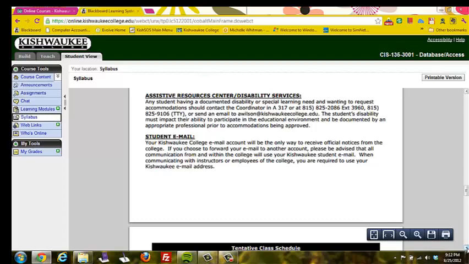You need to also contact me if you have such an accommodation that you need to have worked through. Again, you want to use your student email account to contact me. I will not answer if it is not from a Kishwaukee College email address, because I'm not sure who that person is. So please make sure you're using your email address.